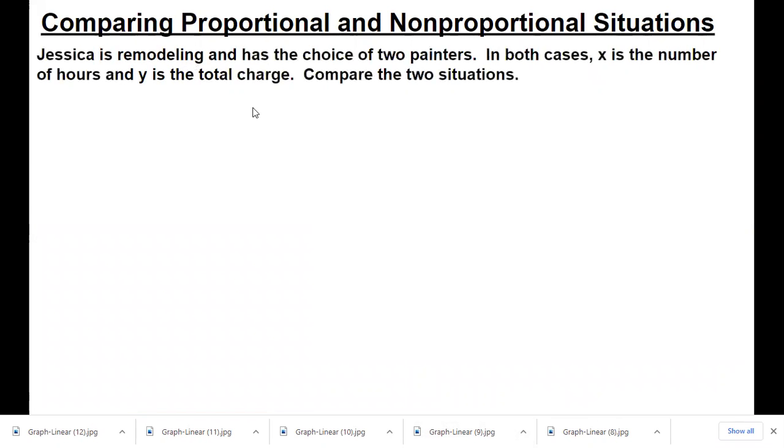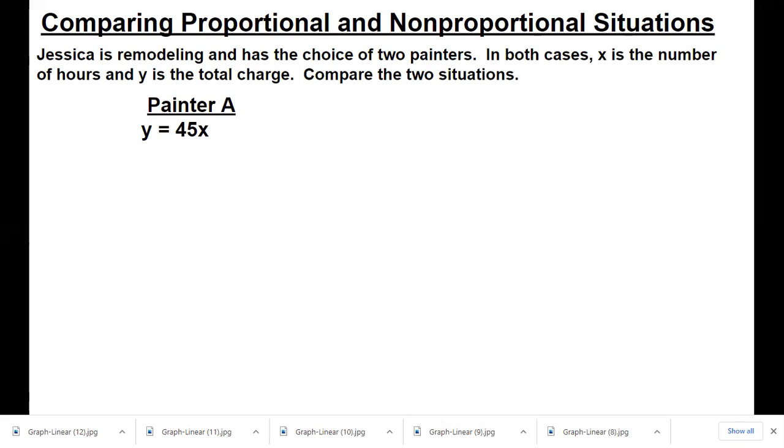Jessica is remodeling and has the choice of 2 painters. In both cases, x is the number of hours and y is the total charge. Compare the two situations. So if Jessica has the painter work more hours, she's going to pay more money to the painters. Painter A's equation is y equals 45x. All right, what can you tell me about that?